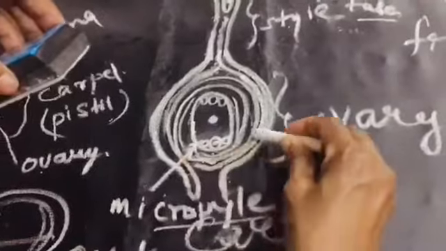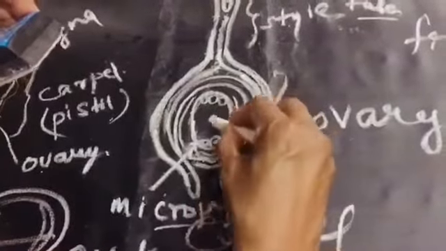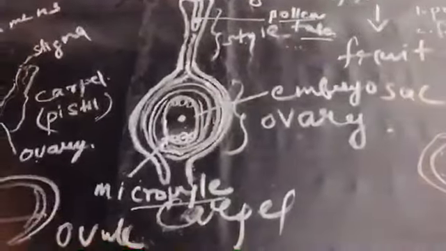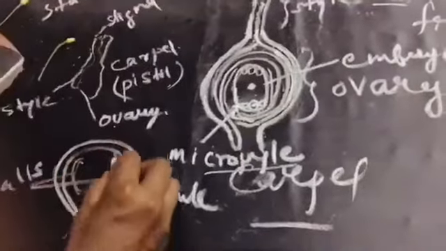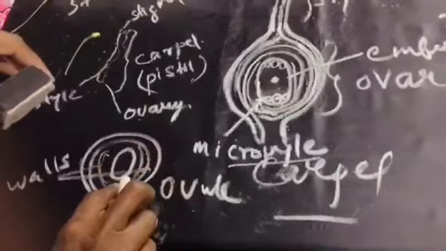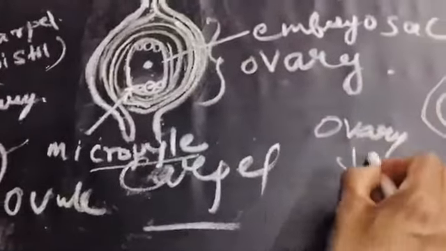Through the micropylar region, the pollen tube enters. You can see a structure here. This is known as the embryo sac. Once again I repeat, this is the ovule. The ovule has walls. Inside the ovule there is an embryo sac, a multicellular embryo sac. Inside the ovary, ovule.